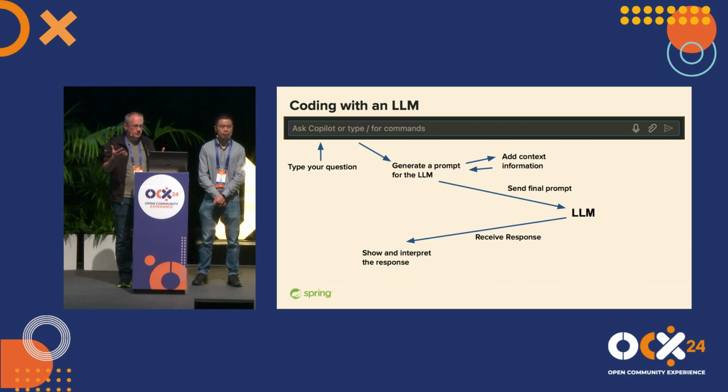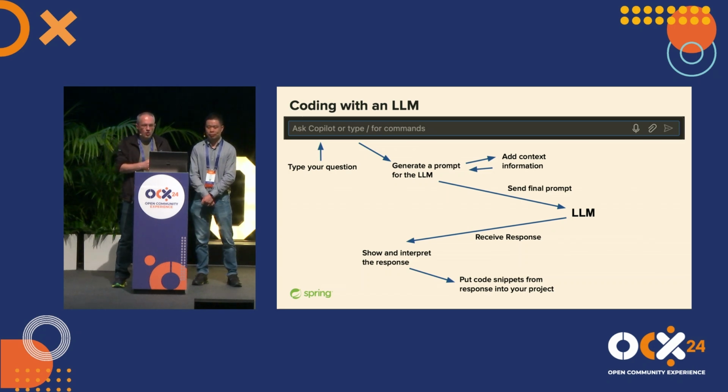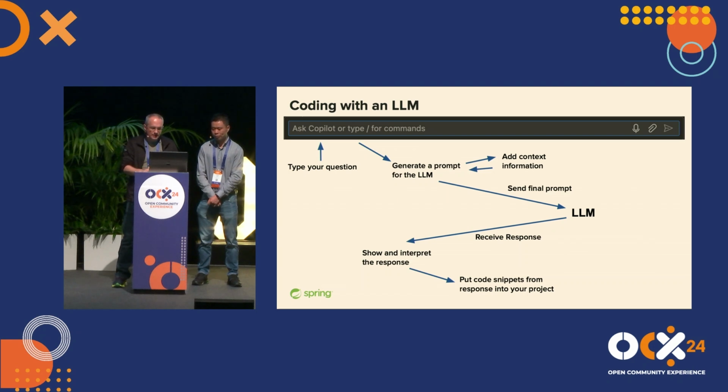You show the response, or usually you, as a user, interpret the response somehow. You evaluate whether it makes sense or not, whether it fits your needs or not. And then sometimes you pick out code snippets from that, or you click a button that tries to move the code snippets around, or you copy paste those code snippets, or they are suggested for you in place, and you can press accept.